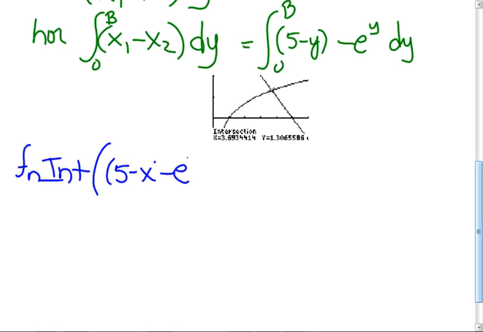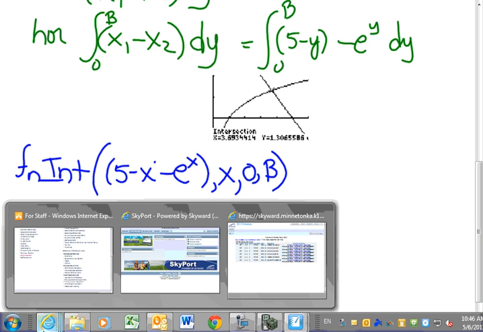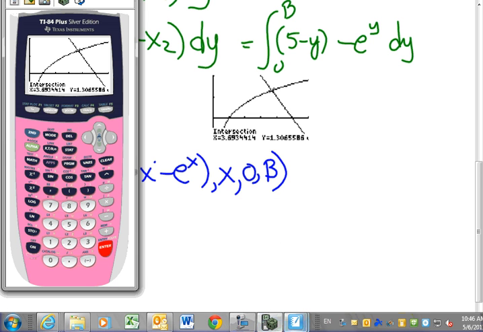Minus e to the x, comma, x, comma, 0, comma, b. Now, before we do that, I want to show you the shortcut. You could write it all down and type it all back in again. And if you type it in wrong, your answer is going to be wrong. So that's a problem. Because we are starting on the y-axis. Yes, that's correct.